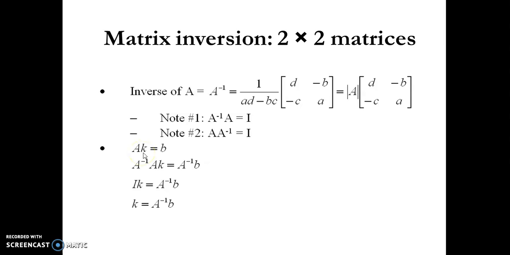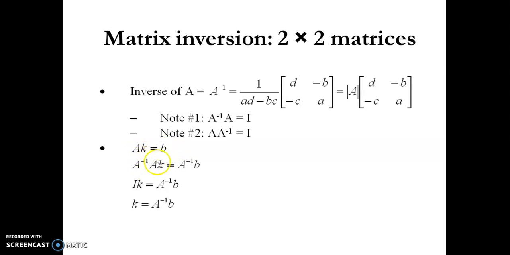Now that you have the inverse, the final step is to solve for your unknowns. In your case, you will only do 2 by 2 matrix inversion, but at honors level, you may be exposed to 3 by 3 matrix inversion, as well as other methods to solve a system of equations. So once you've expressed your equations in matrix form, A times K is equal to B, where A is the matrix of coefficients, K is the vector of unknowns, and B is the right-hand side.